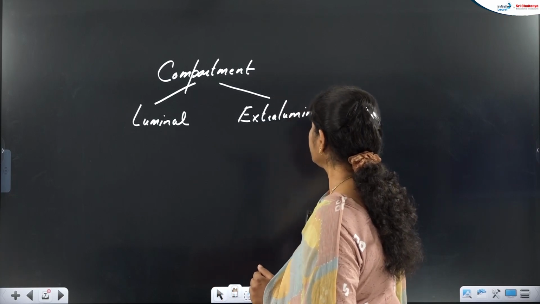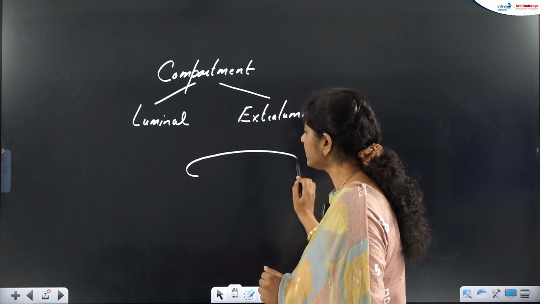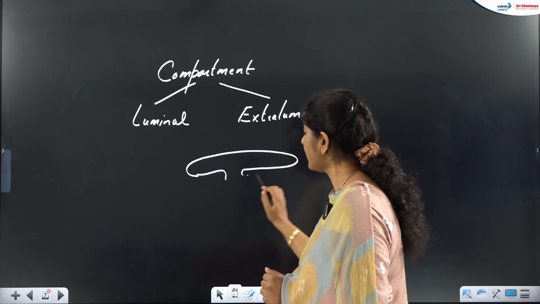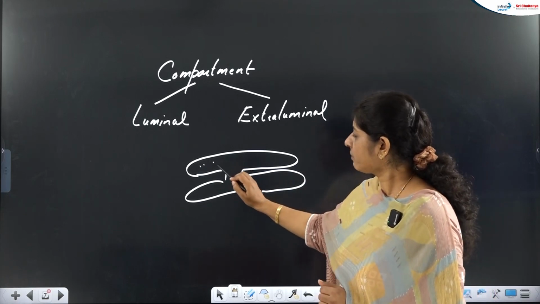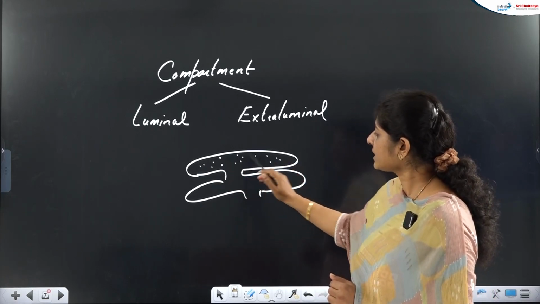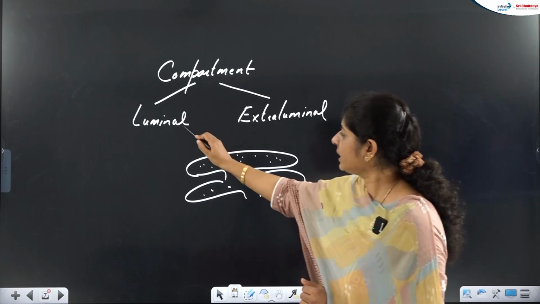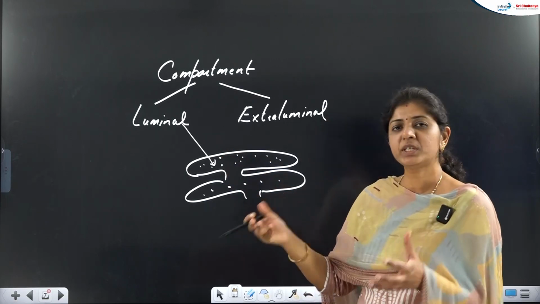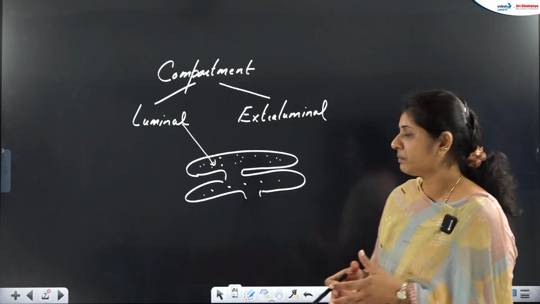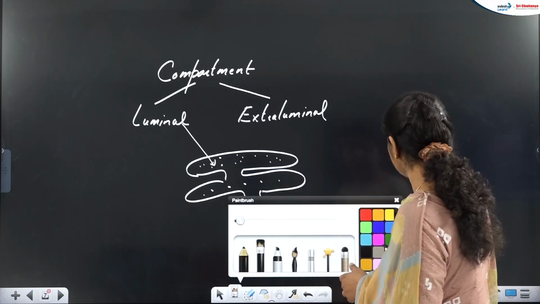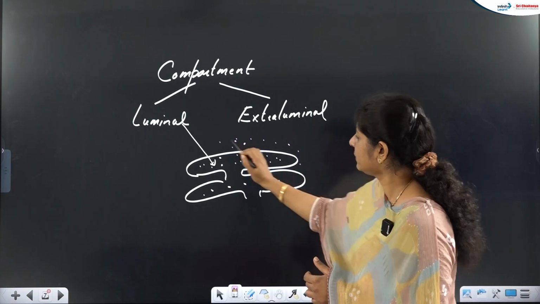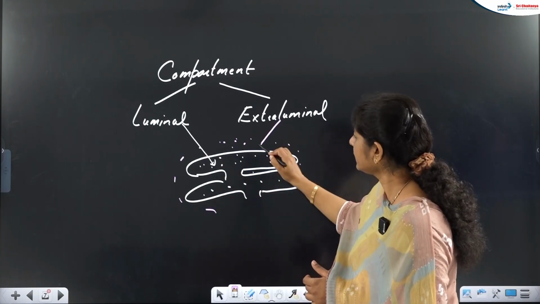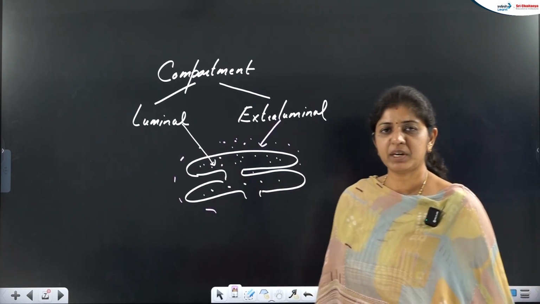Luminal compartment means, suppose I am drawing this as a lumen of the endoplasmic reticulum connected with each other. This part which is enclosed by endoplasmic reticulum will be the luminal compartment, which is a part of the endoplasmic reticulum. Outside to that, obviously this is in the cytoplasm. So this part is indicating the extraluminal compartment.